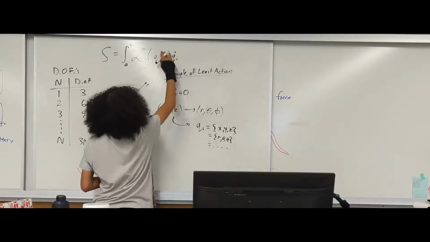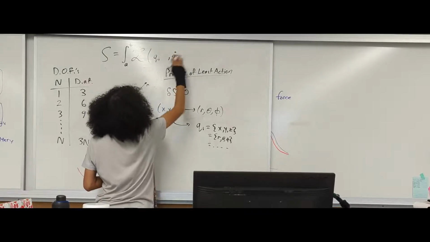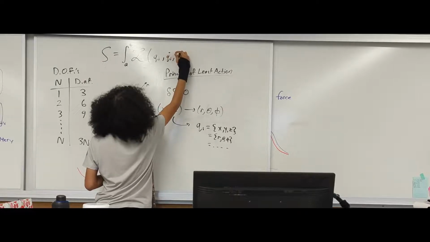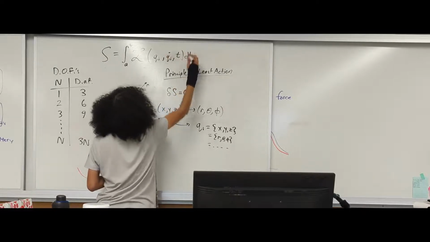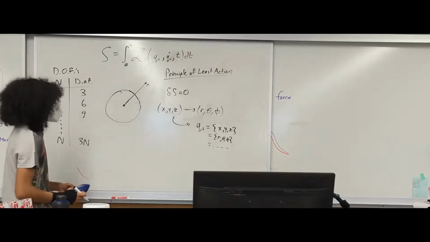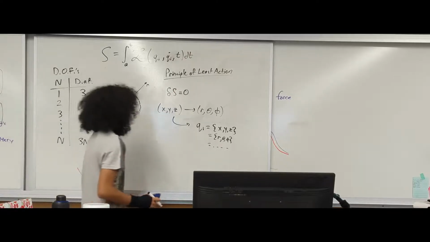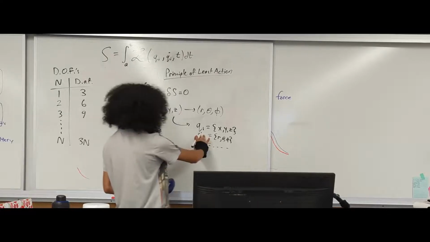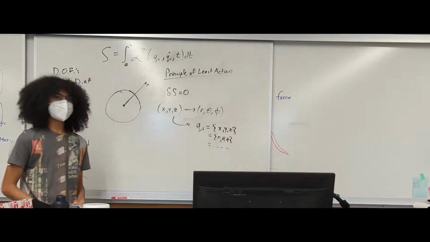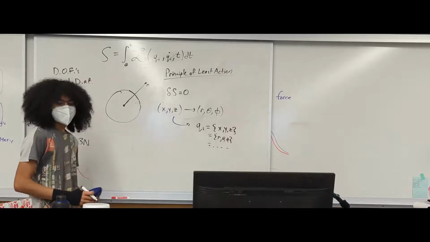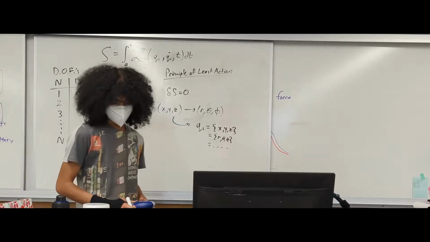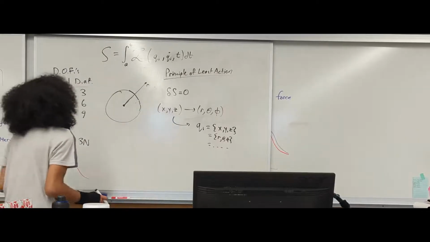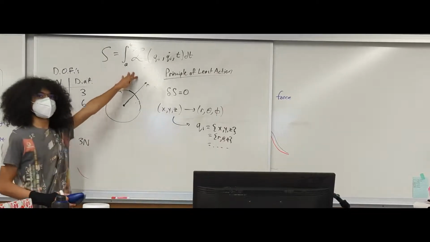I'll actually just leave out the t's because it's just clutter. It could depend on time, and then we integrate. So yeah, these things we call generalized coordinates, the q's. And from here, we're in a much better position to actually use this for physics.